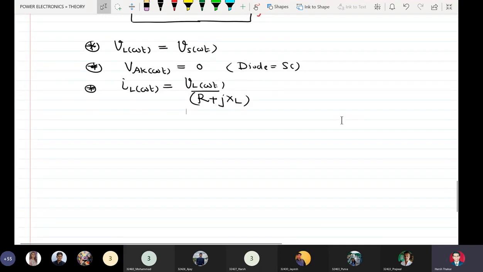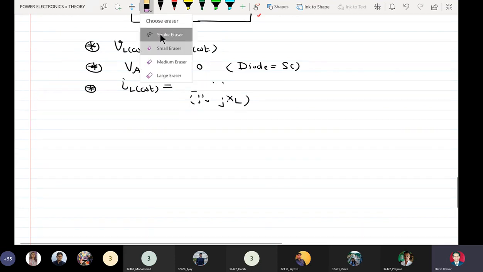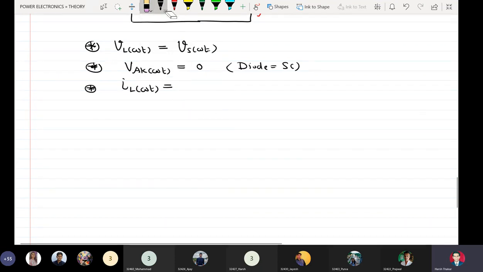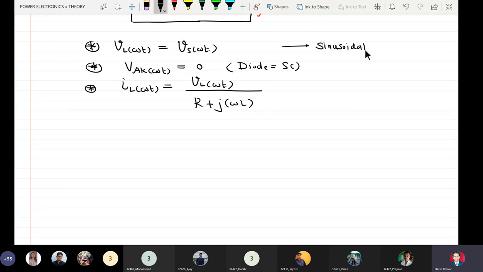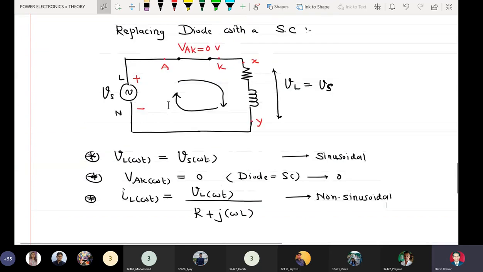If you want to write it in a better way, it is equal to VL of omega t upon R plus j omega L. Okay, so the load voltage will be sinusoidal, and the load current will be non-sinusoidal.